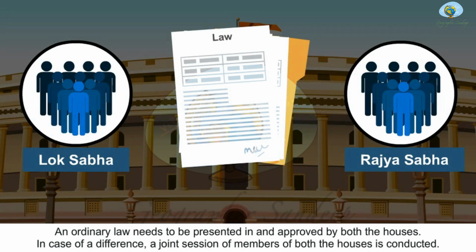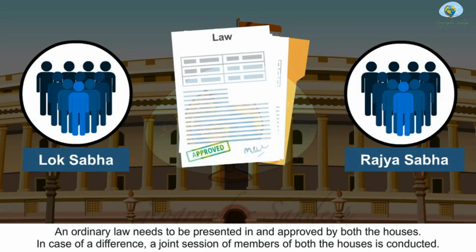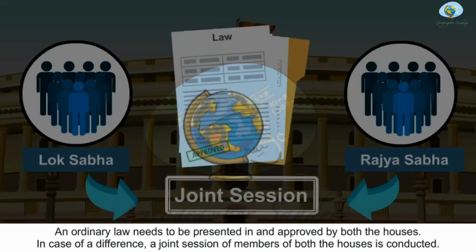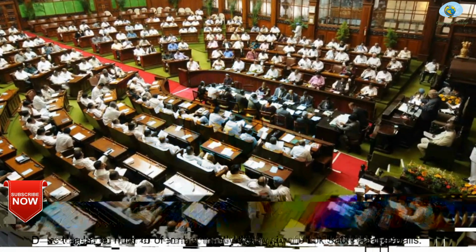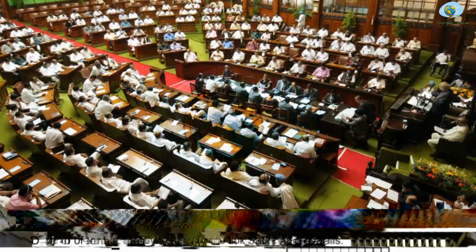An ordinary law needs to be presented in and approved by both the houses. In case of a difference, a joint session of the members of both the houses is conducted. Due to a larger number of members, mostly the view of the Lok Sabha prevails.